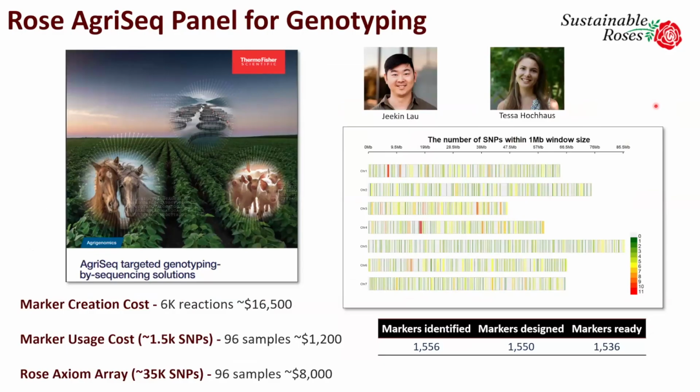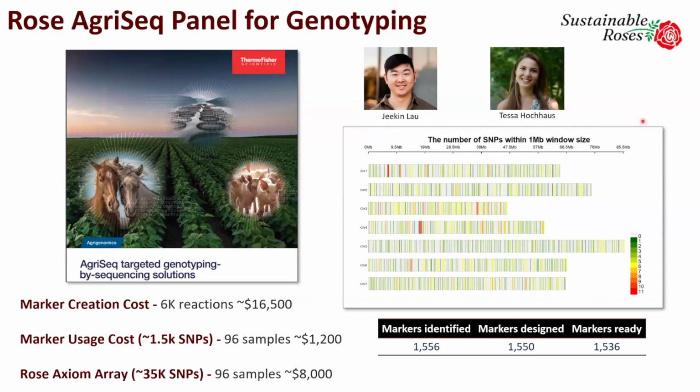Then we worked with Thermo Fisher Scientific to develop a targeted amplification sequencing protocol for those loci. We now have a panel of about 1,536 markers that can be queried with this new sequencing technology. Tessa has been instrumental in getting the DNA extraction, and she's in the process of looking at the data and seeing the outcome.